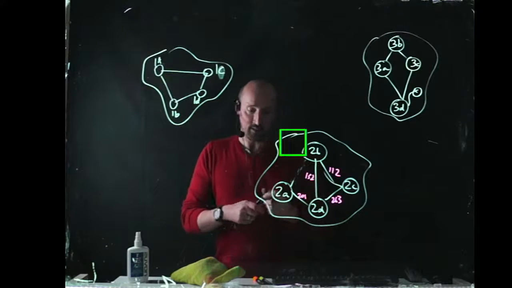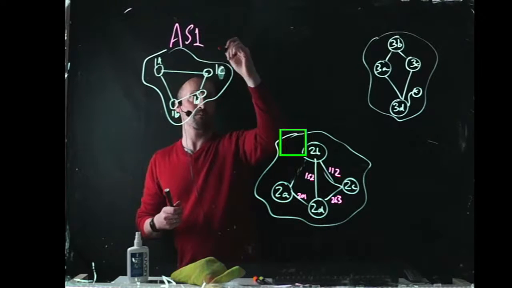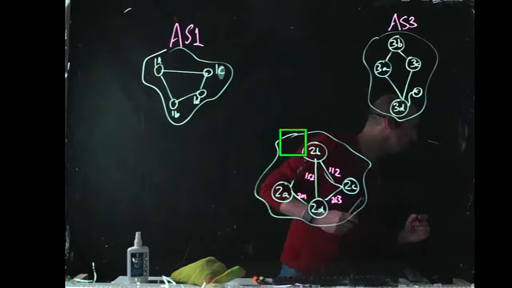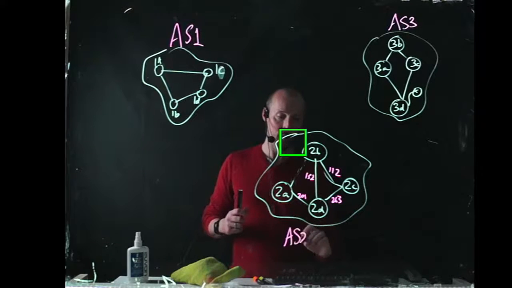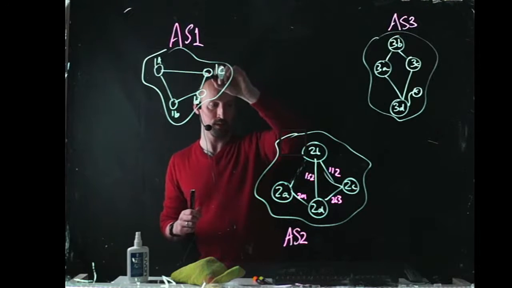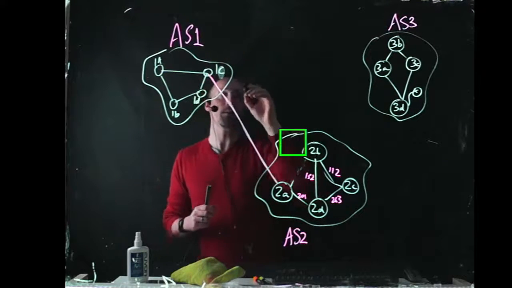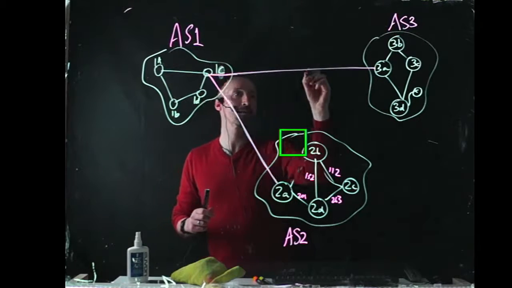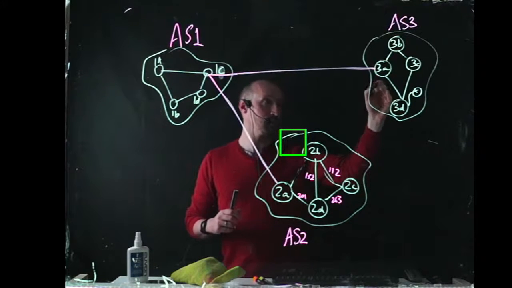We'll say that this is AS1, AS3, and AS2 down here. And of course these are going to be connected. So we'll connect this node 1C to 2A, and 1C over here to 3A. And 3A to 2C.